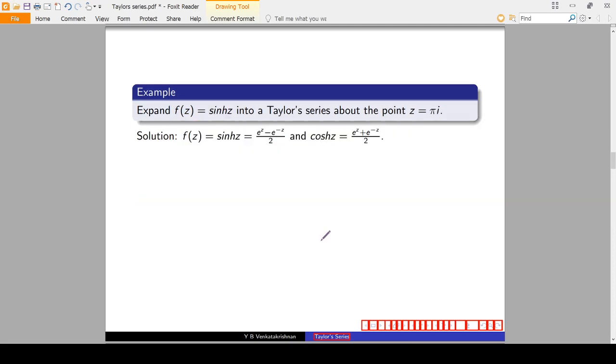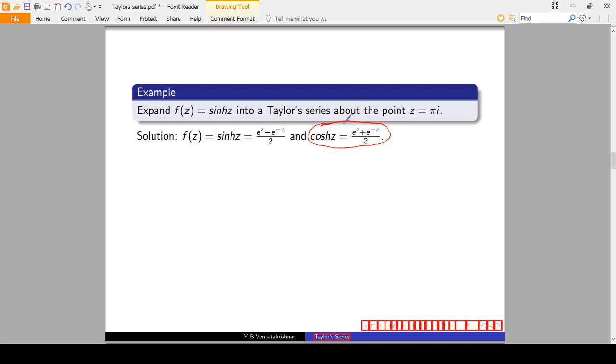Now I take the second example as a hyperbolic function. f of z is equal to sin hz, and you know that sin hz is e power z minus e power minus z by 2, and we require cos hz.